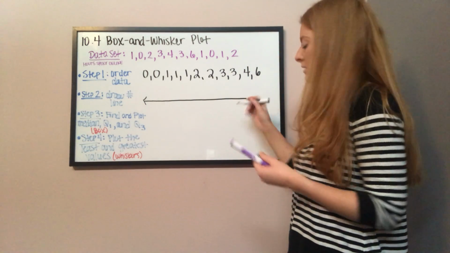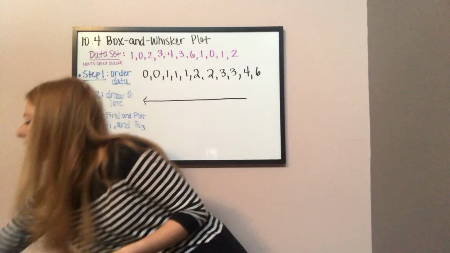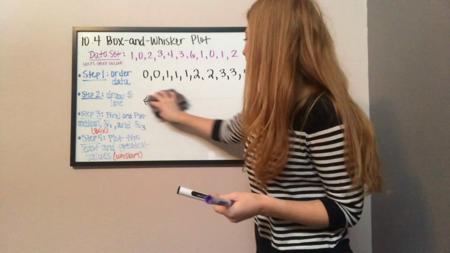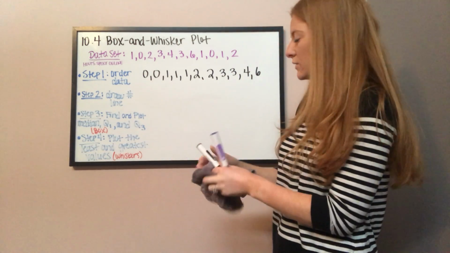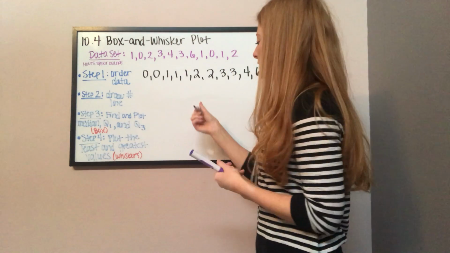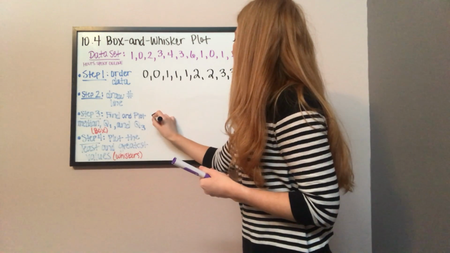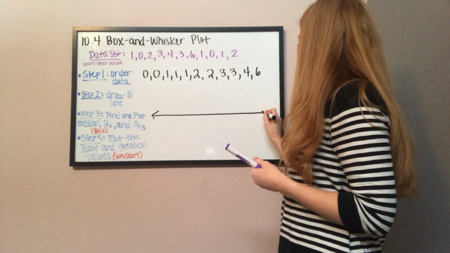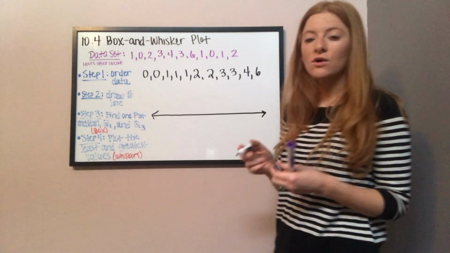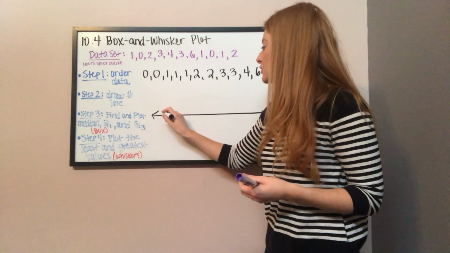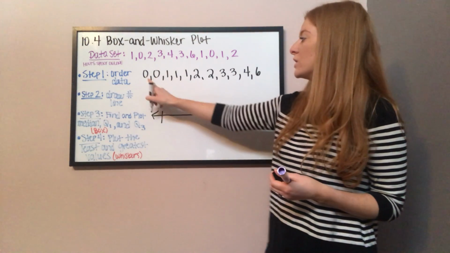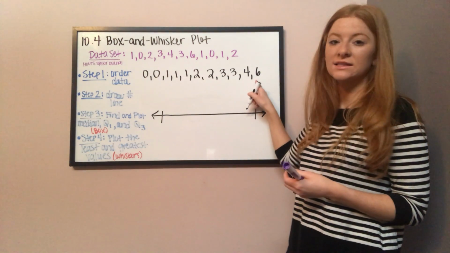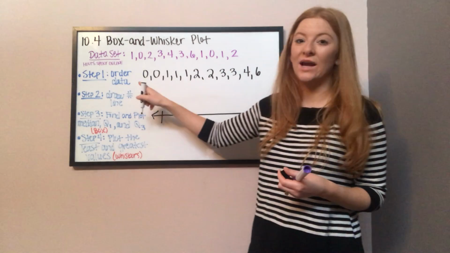I'm going to lower that down a little bit, but you are going to include the number line right about here. Now, you want to start and end your number line with your least and your greatest value. Those are kind of like your anchors.